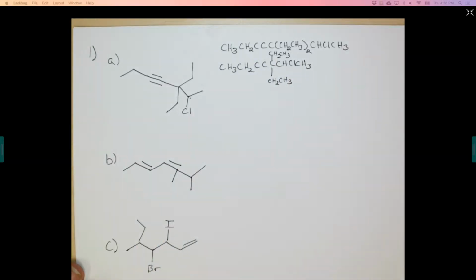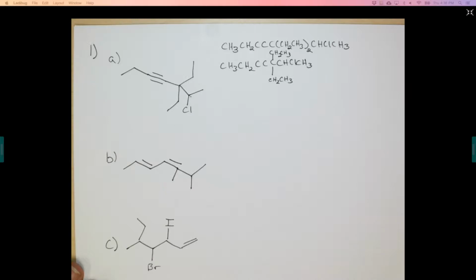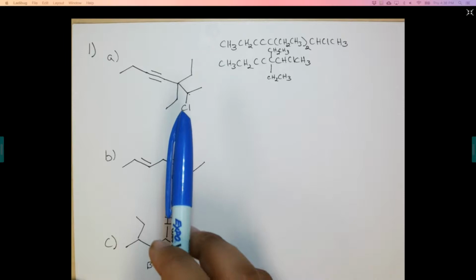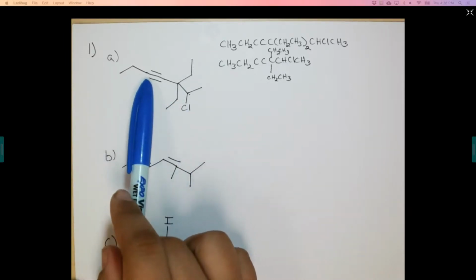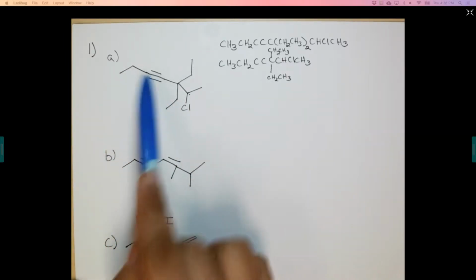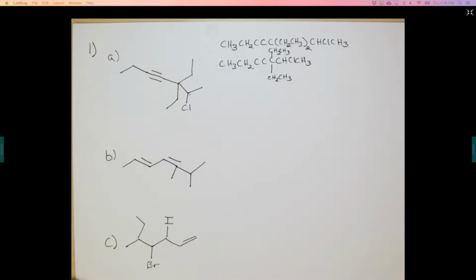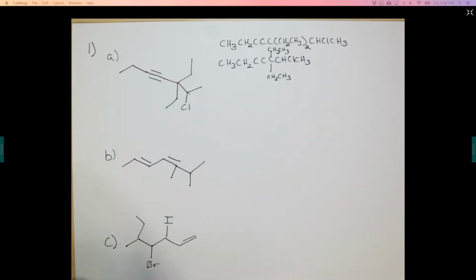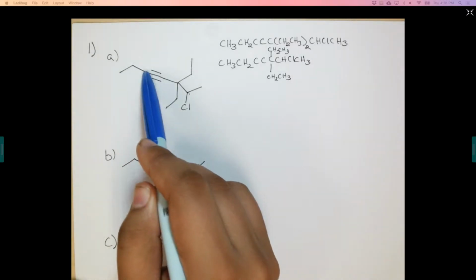Okay. So when it comes to numbering and nomenclature, let's see if I can maybe use a different color here. The numbering needs to give you the position closest to the suffix, from a priority standpoint, which is the triple bond. So 1, 2, 3 gets us the triple bond here.